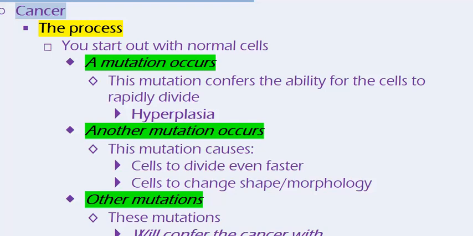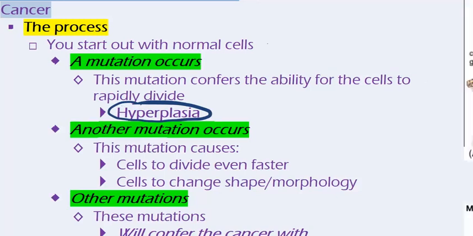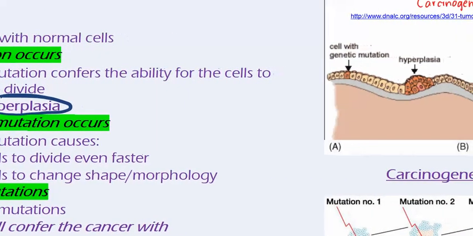With hyperplasia, you're still having normal cells. They're not abnormal. Hyperplasia means too much division of normal cells. So the first step of generating cancer is a mutation that usually leads to hyperplasia, which means the cell is rapidly dividing.